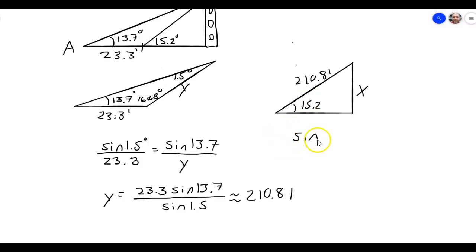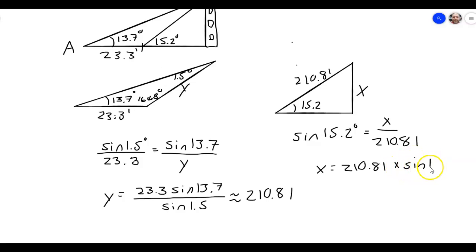So the sine of 15.2 degrees is equal to the opposite over the hypotenuse, 210.81. And if I just multiply both sides by 210.81, x is going to be equal to 210.81 times the sine of 15.2.